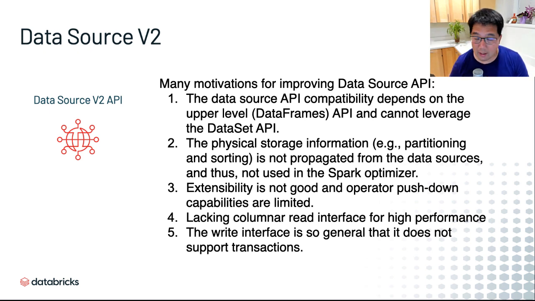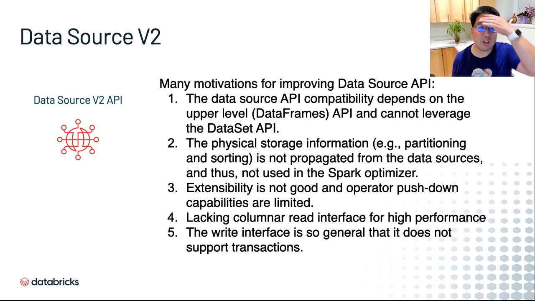It can't leverage the Dataset API. So it was inherently slower because it wasn't using any of the high performance characteristics. Things like the physical storage information, for example partitioning and sorting, weren't propagated from the data source to Spark, so it wasn't even used in the Spark Optimizer.